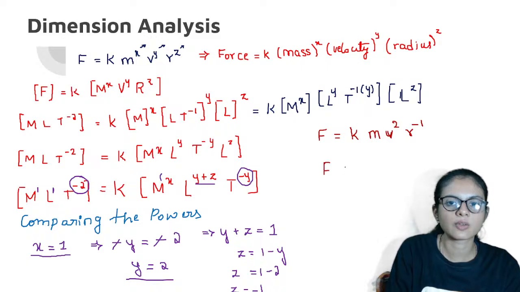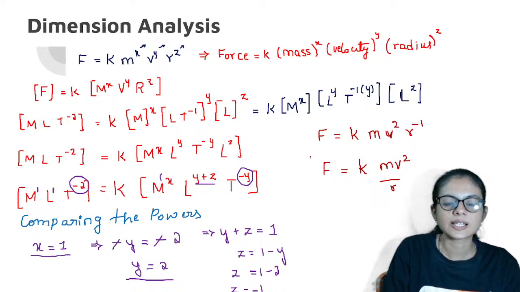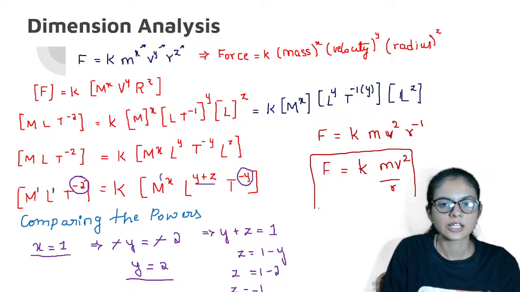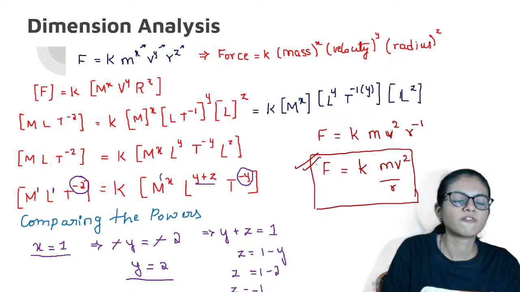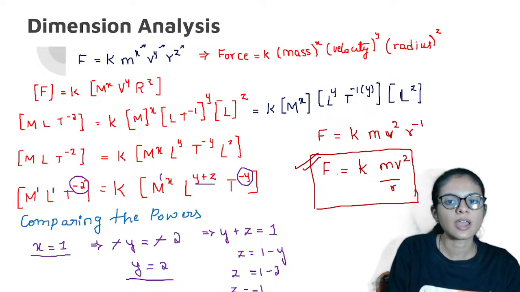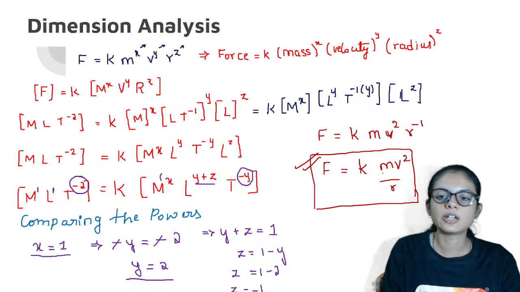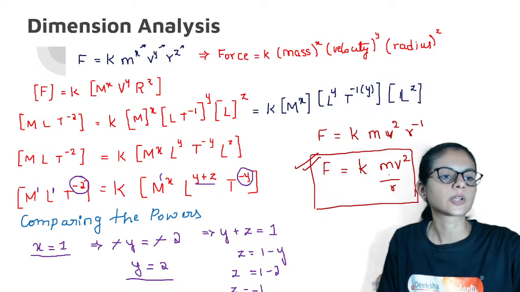If I arrange this equation, F is equal to k into m v square by r. This is nothing but the equation of centripetal force. Yes or no? By the dimension analysis, we have derived the centripetal force equation. F is equal to k into m v square by r.